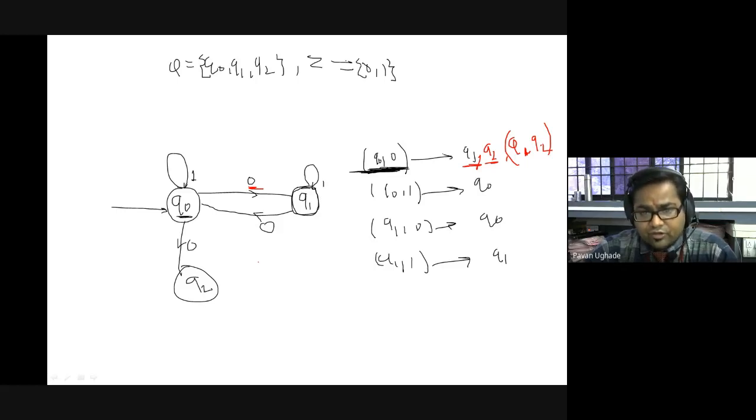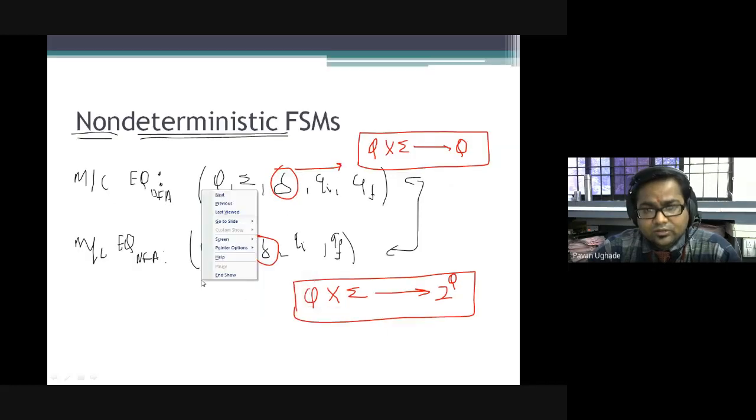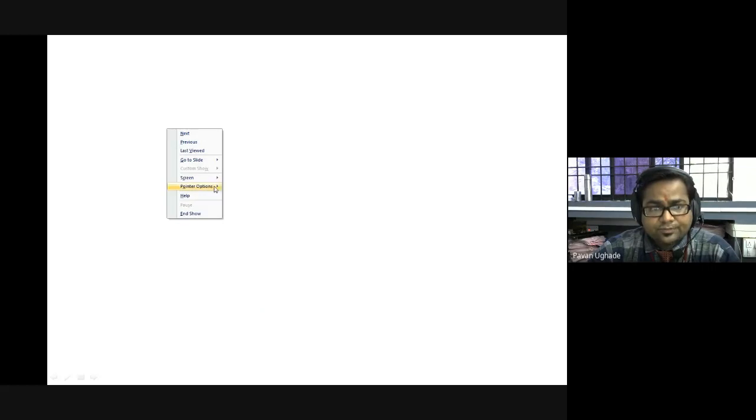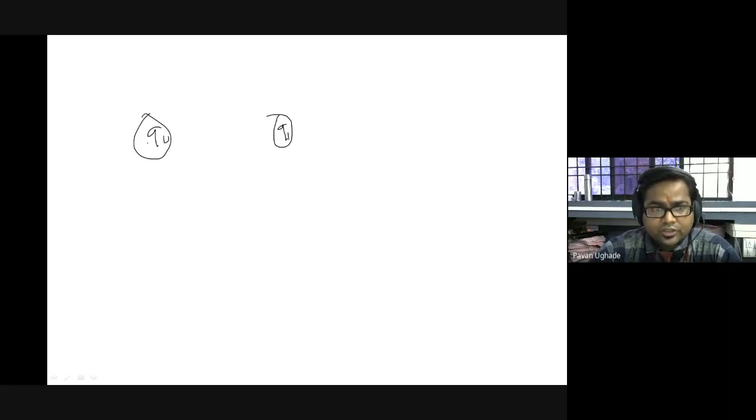So if you have, let us assume class, two states, say Q0 and Q1, I'm not worried about the initial state and final state. Now, this zero transition I can put like this, or I can put like this.